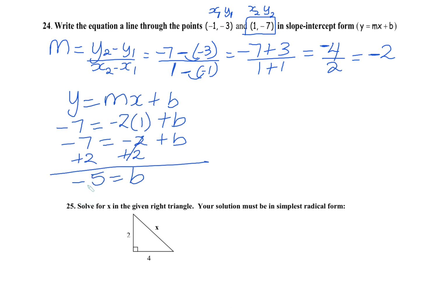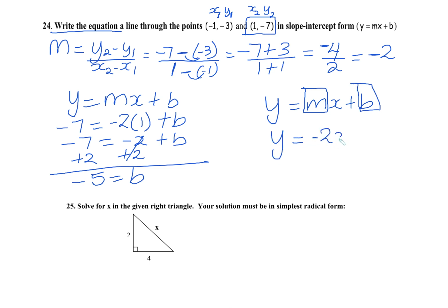On the test, please don't leave your answer like this. They want you to write the equation. So you have y equals mx plus b. The only things we're going to replace are the m and the b. So it's going to be y equals, my m is negative 2. There's my x. And then my b is negative 5. So I'm just going to write negative 5.